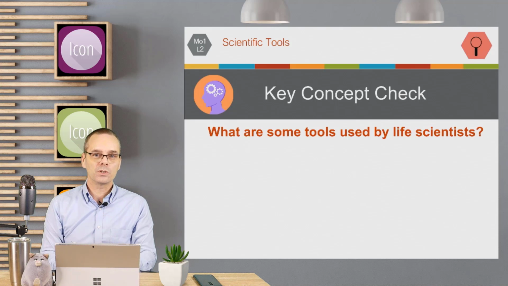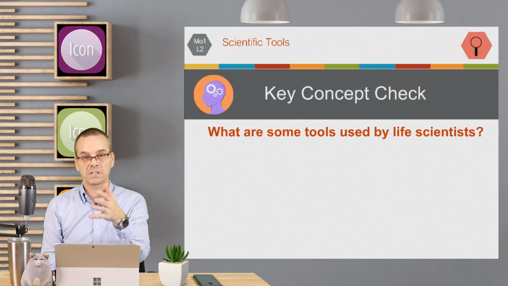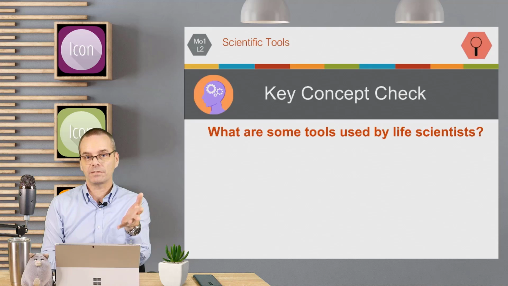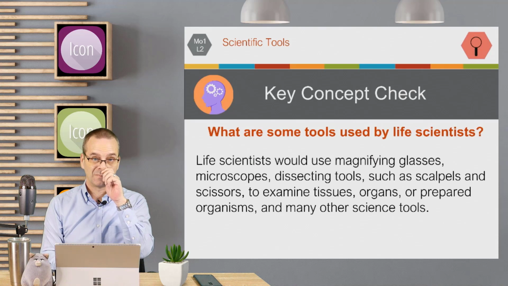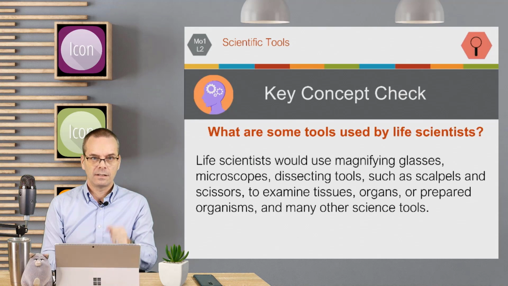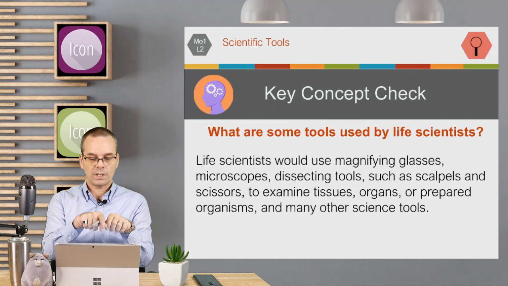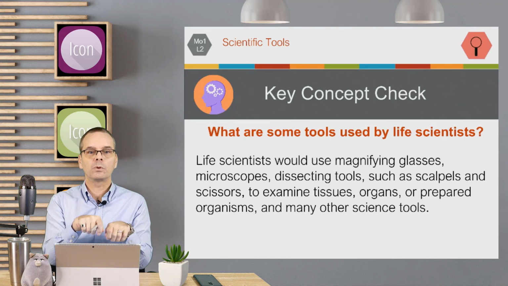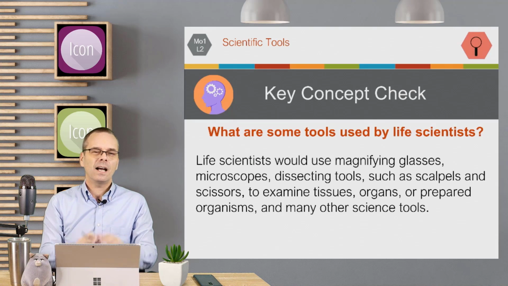So, another key concept check time. What are some tools used by scientists? Or let's say by life scientists, sorry. So what are some tools used by life sciences? Now remember, life sciences study life, plants, animals, etc. So maybe they would use magnifying glasses, or a microscope, or dissecting tools such as scalpel, scissors, etc. I mean, there's many different tools they can use.